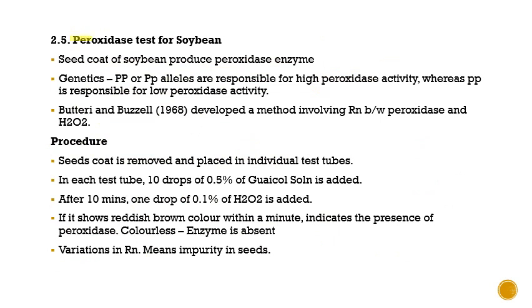So now coming to the peroxidase test for soybean. In the seed coat of soybean, there is a presence of peroxidase enzymes. So the seed coat of soybeans is able to produce an enzyme called peroxidase, and this enzyme is governed by a gene P. Looking into the genetics, homozygous dominant or heterozygous alleles are responsible for higher peroxidase activity.